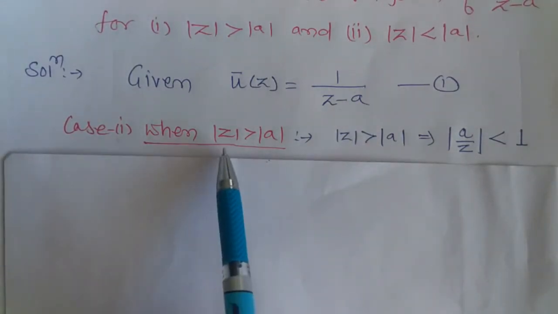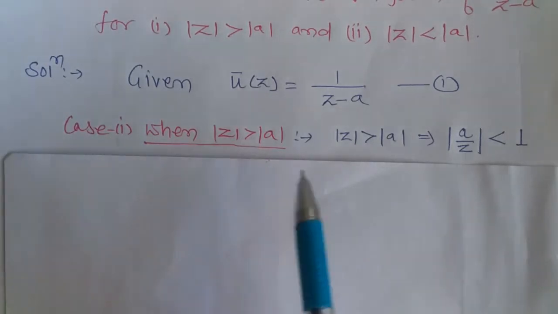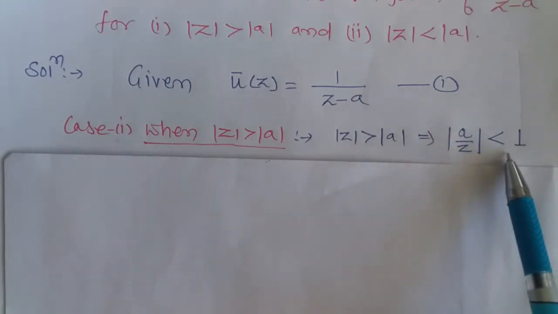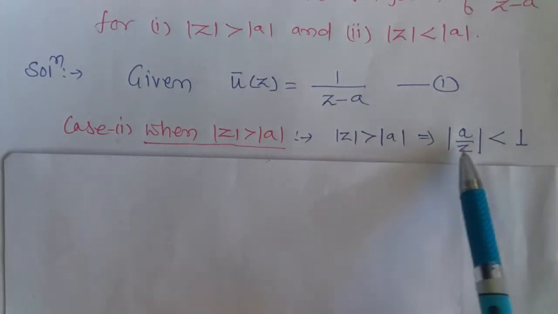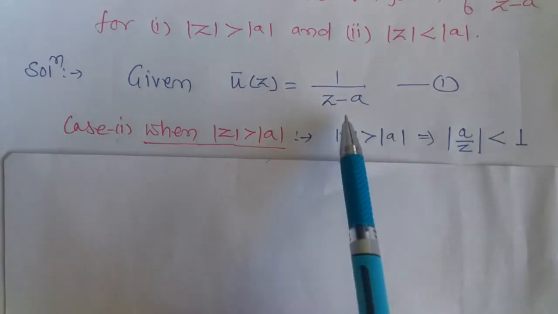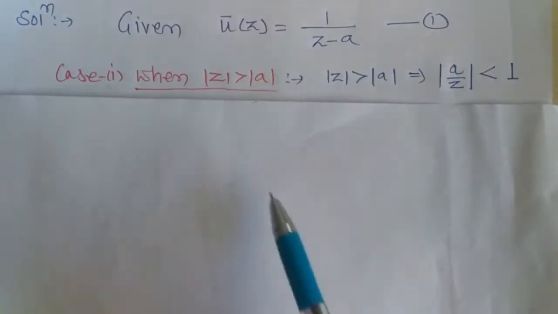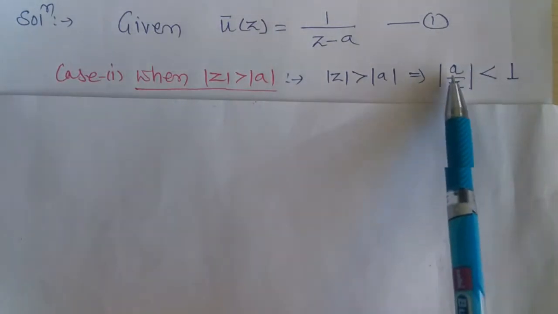So the region of convergence mod Z greater than mod A gives mod A by Z is less than 1. And from here it is clear we have to expand 1 upon Z minus A in terms of A by Z.